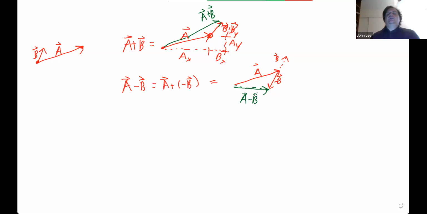And then you can also do more complex analysis with this.